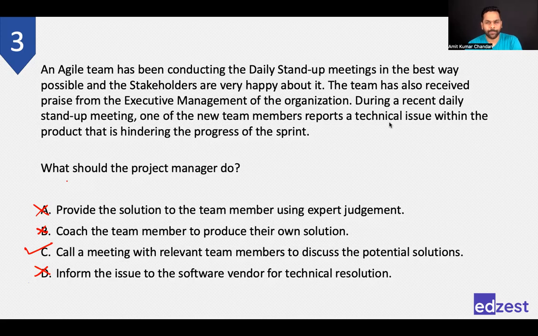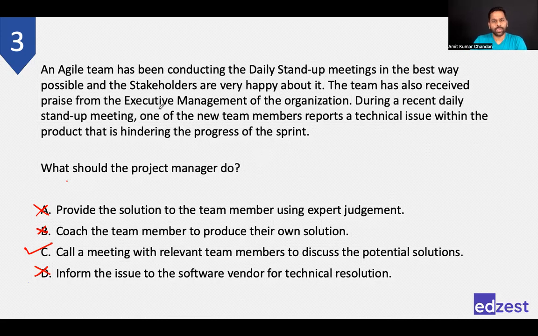Correct. And the answer C says call a meeting with the relevant team members to discuss the potential solutions. Yeah. So these team members are facing some technical issue which is hindering the sprint, and they are asking for the help. How will they be discussing the potential solutions?